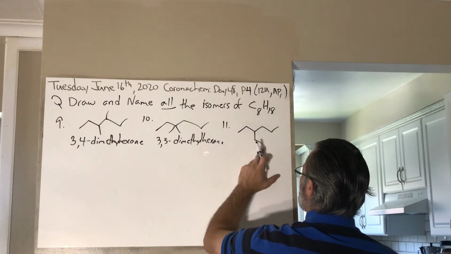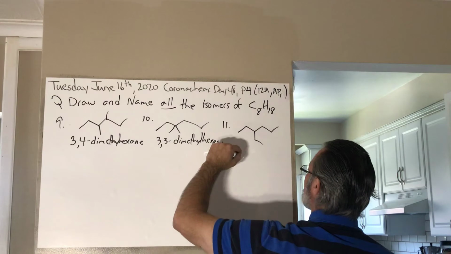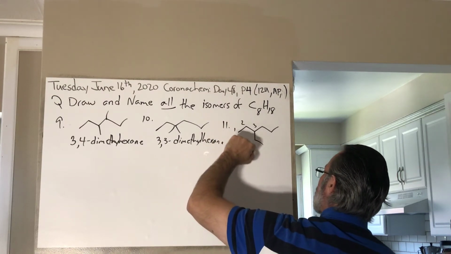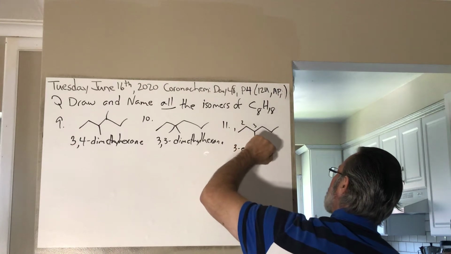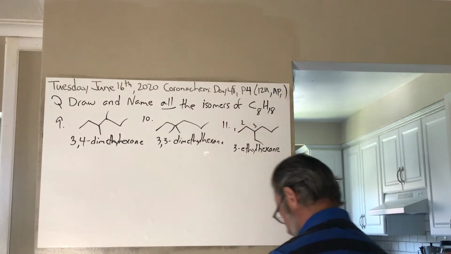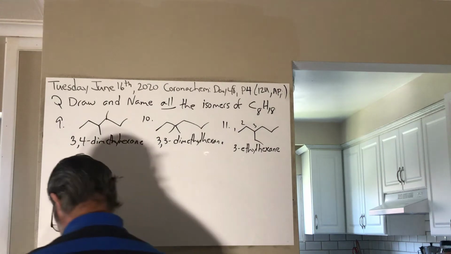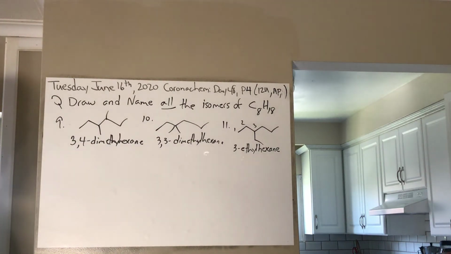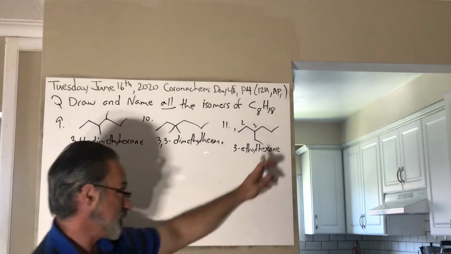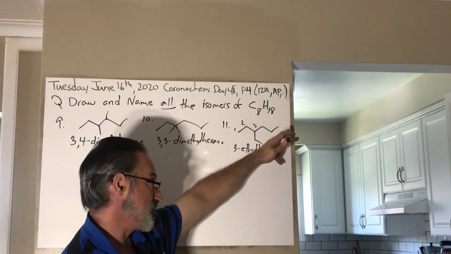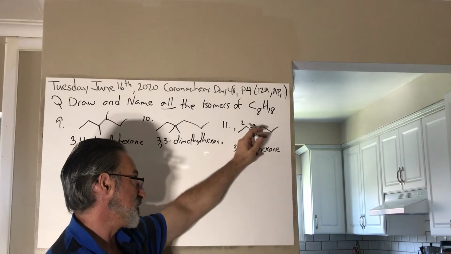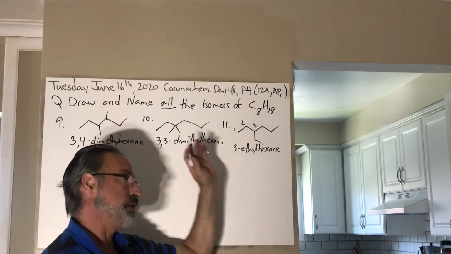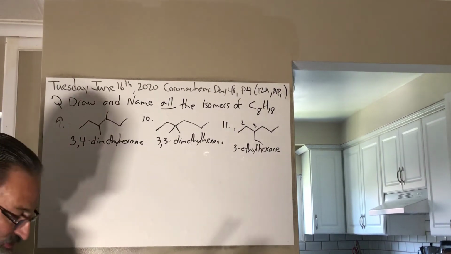That would be an ethane, but because it's a substituent, we call it ethyl, and it's at the third position, so we say 3-ethylhexane. Then that exhausts all the possibilities, because if you go to 4-ethylhexane, it's still 3, right? 1, 2, 3 from the other side. It would be 1, 2, 3, 4, but you wouldn't call it 4-ethylhexane, you'd call it 3-ethylhexane, which we've already named, so it's just the same molecule flipped around.